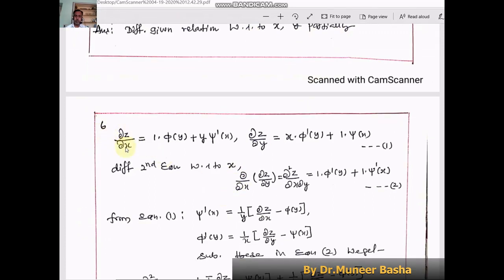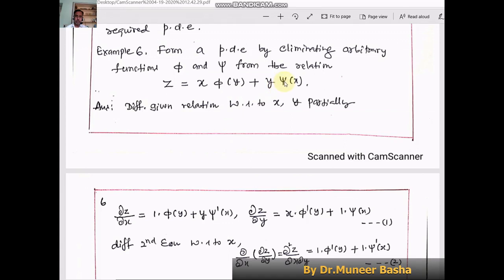That is, we will get dou z by dou x is equal to phi of y plus y into xi dash of x. Differentiating xi of x with respect to x gives xi dash of x. And now differentiating z with respect to y, dou z by dou y is equal to x as it is, times phi dash of y, plus y, whose derivative with respect to y is 1, and xi of x as it is.